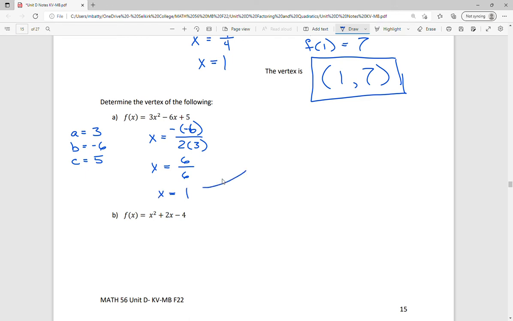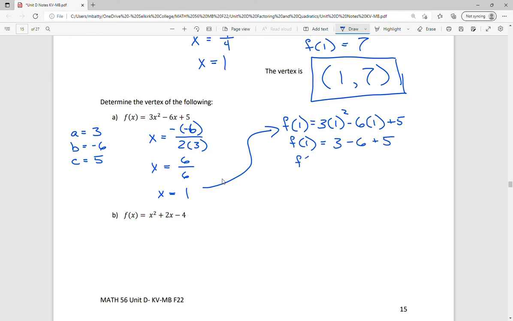So now I go back to my original function and say, well, what is y going to be? It's going to be the value of the function when x equals 1. So 3 times 1 squared, that'd be 3 minus 6 plus 5.